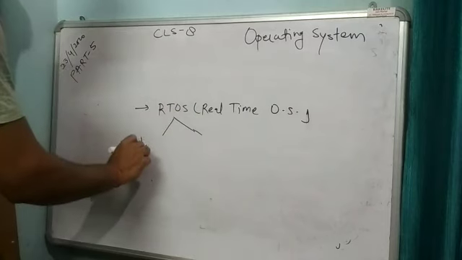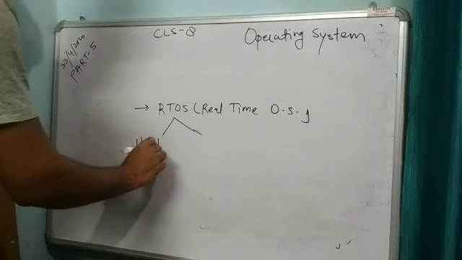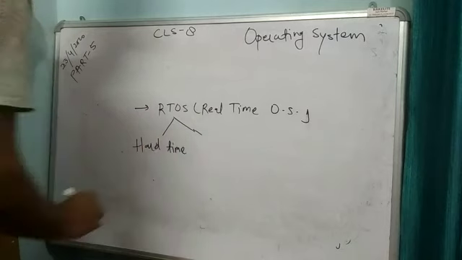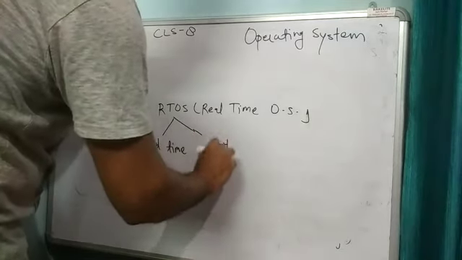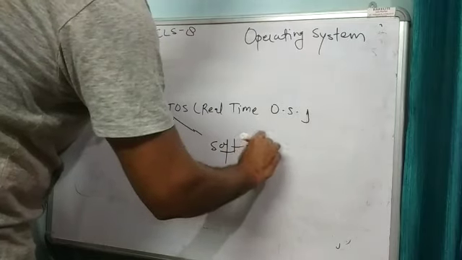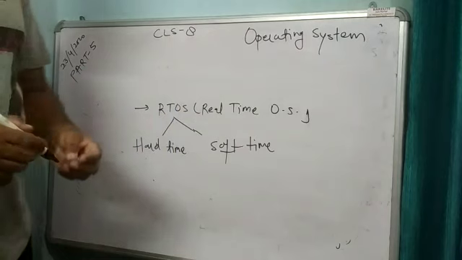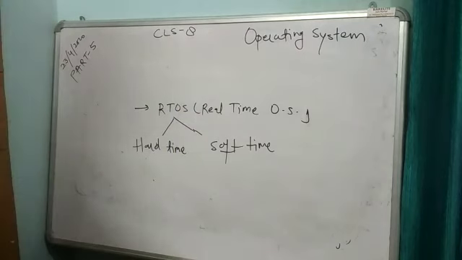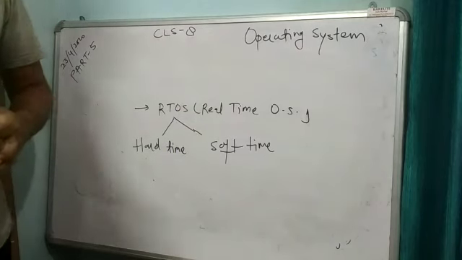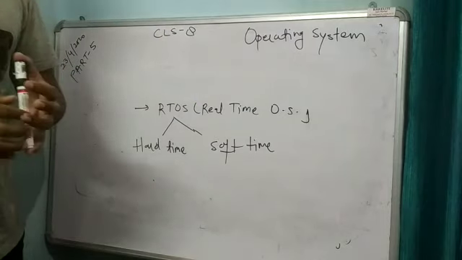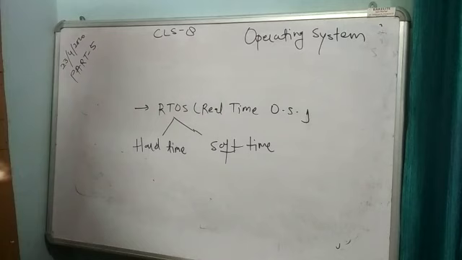One is hard time and another is soft time. Okay, first of all, let's understand what RTOS is. These kinds of operating system are required at those places where we want a quick response.